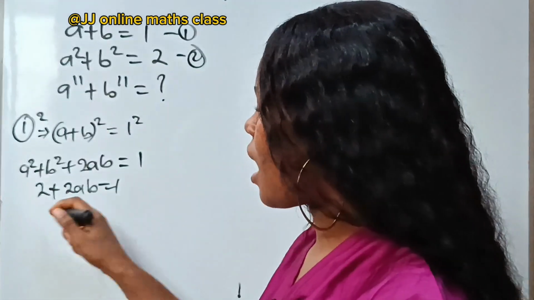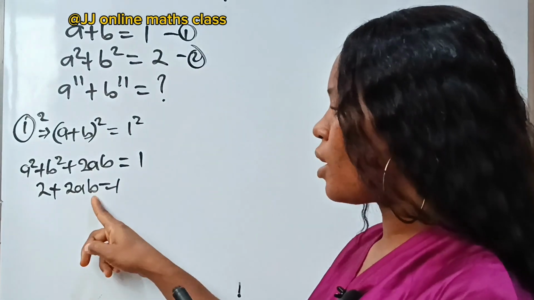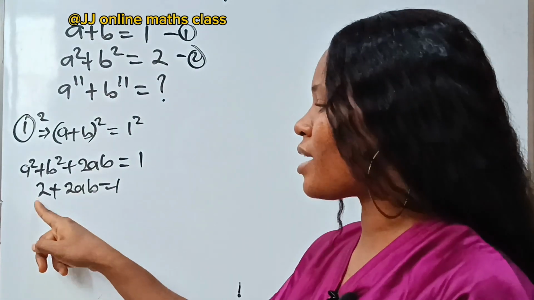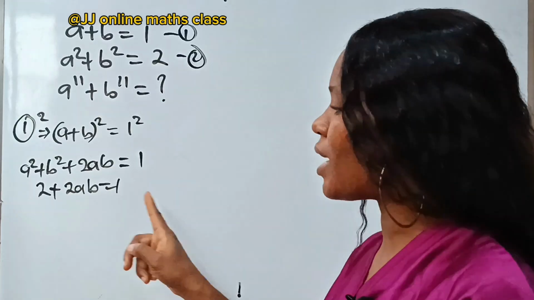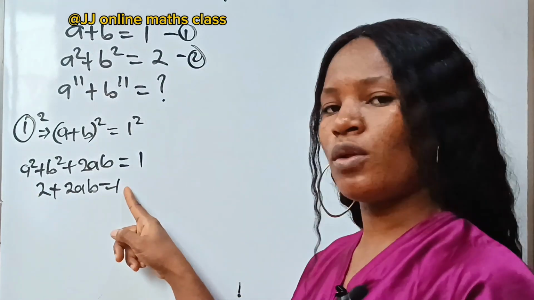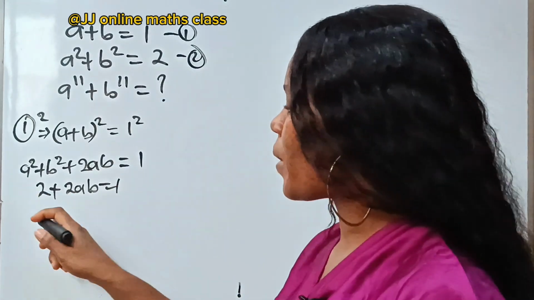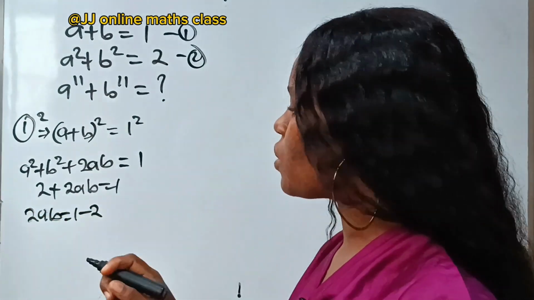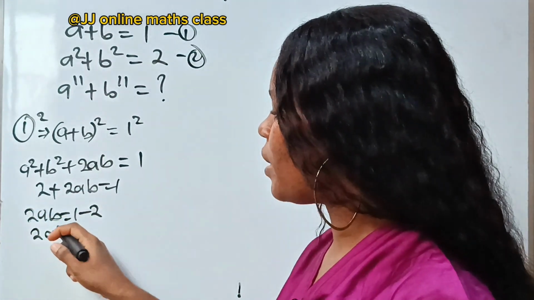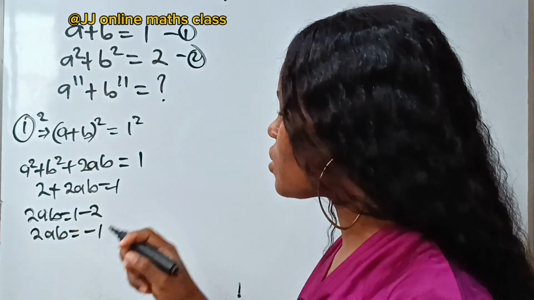Now because we are looking for AB, we need AB on its own. So let's transfer this 2 to the other side of the equation. This plus 2 becomes minus 2, so we have 2ab is equal to 1 minus 2. So 2ab is equal to minus 1.